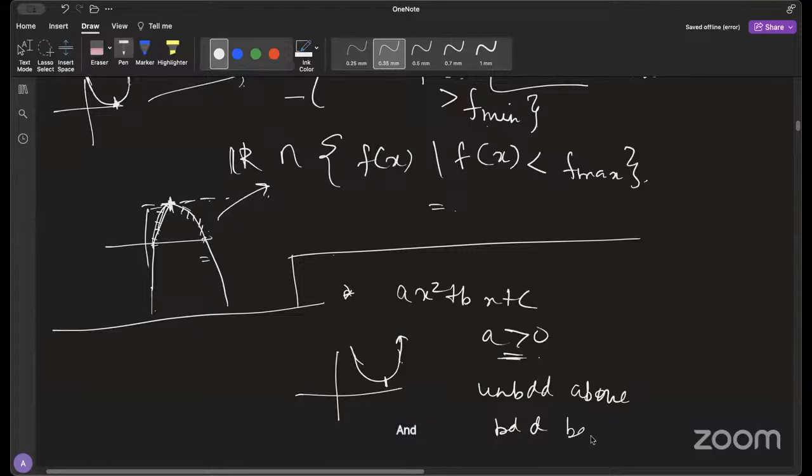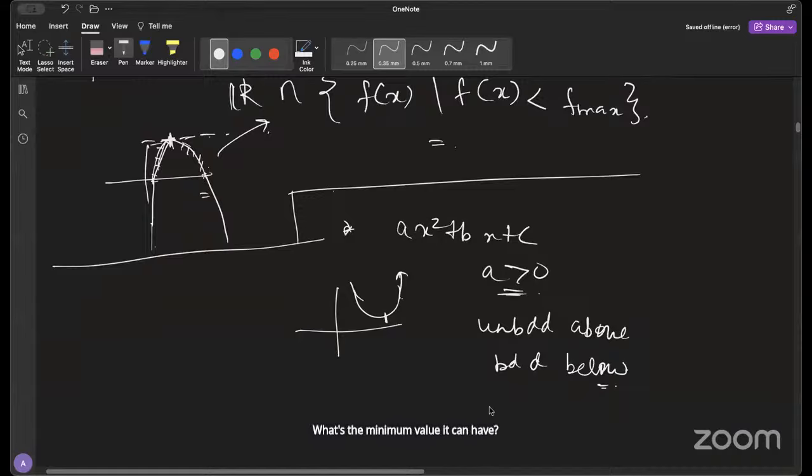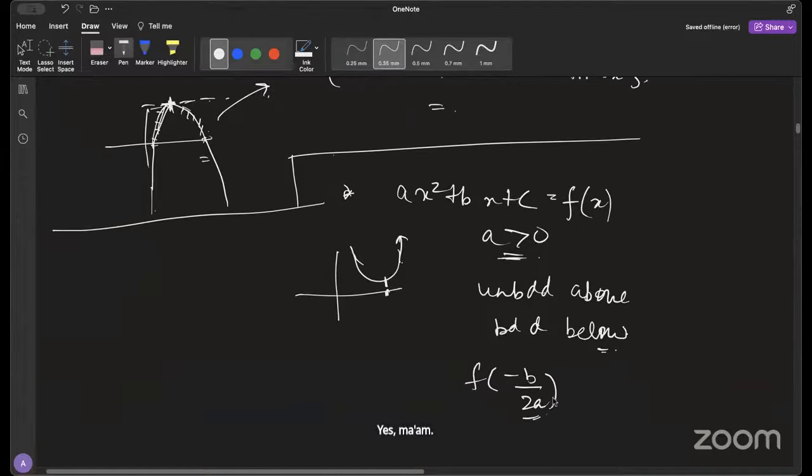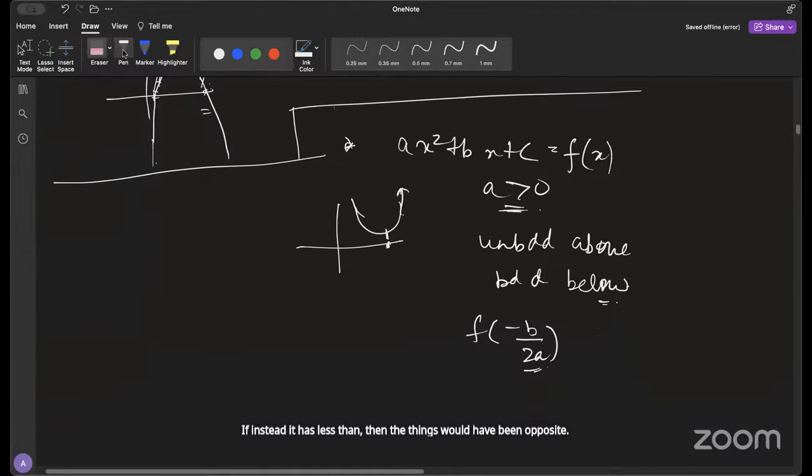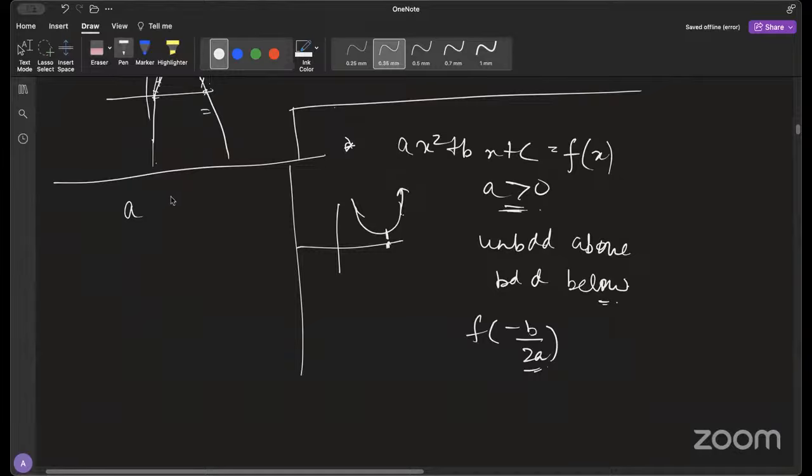And bounded below by what? What's the minimum value it can have? Minus b by 2a. So that's the value of x. If this is f(x), then the minimum value is f of minus b by 2a. And if instead it has a less than 0, then things would be opposite.